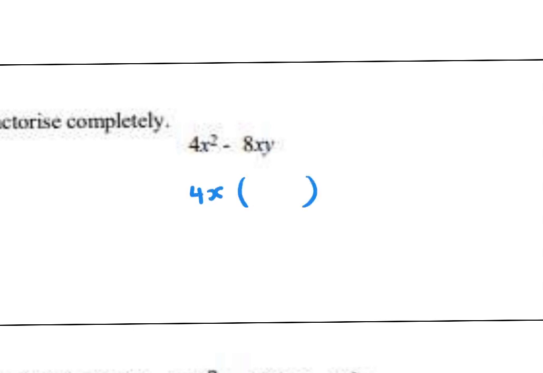Bracket. Then 4x squared divided by 4x equals x, minus 8xy divided by 4x. 8 divided by 4 equals 2. xy divided by x, x cancelled, so we have y. To check your answer, multiply: 4x times x equals 4x squared, 4x times negative 2y equals negative 8xy.